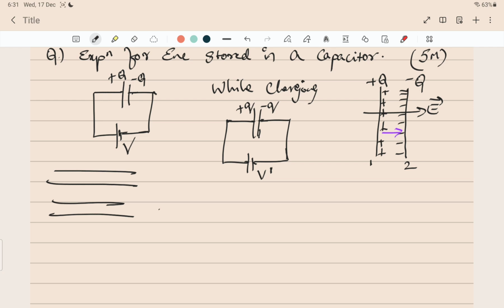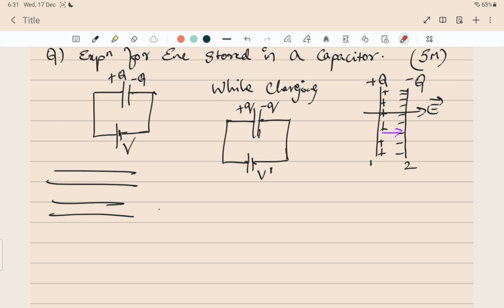During this intermediate situation, that is while charging, let us say the conductors acquire plus small q and minus small q charge. At this stage, let the potential be V dash, and let a small charge dq be transferred. I'll repeat if you want.